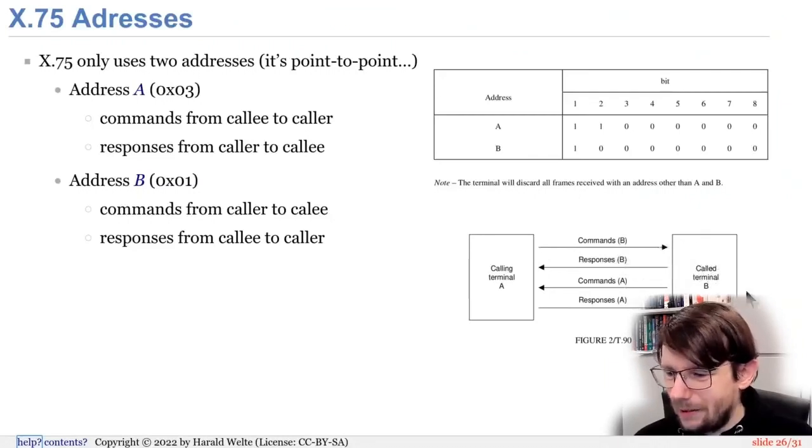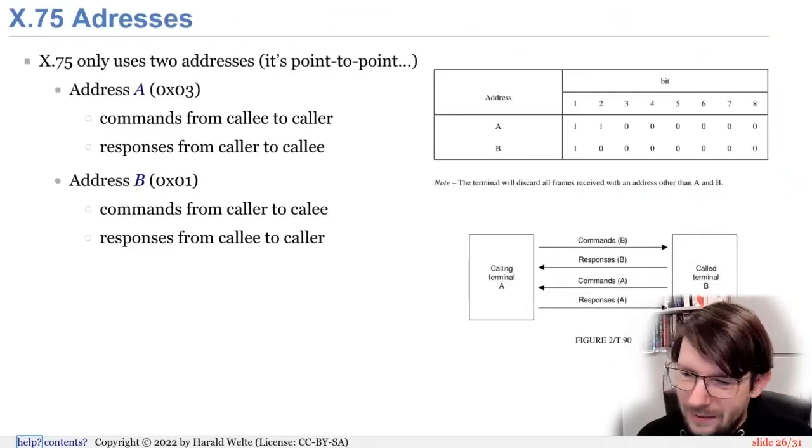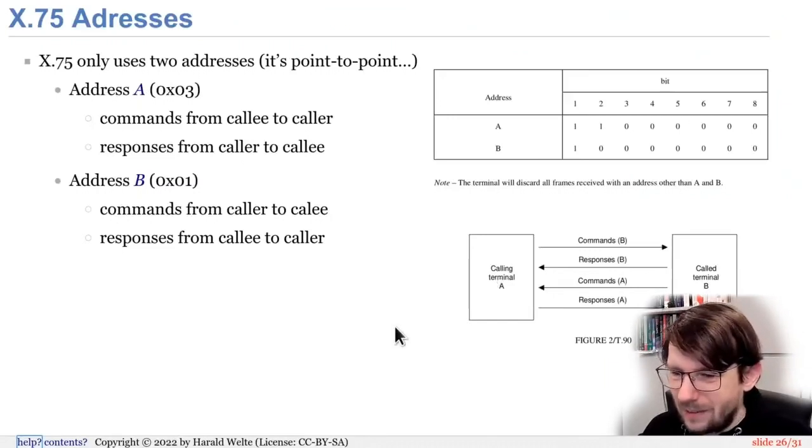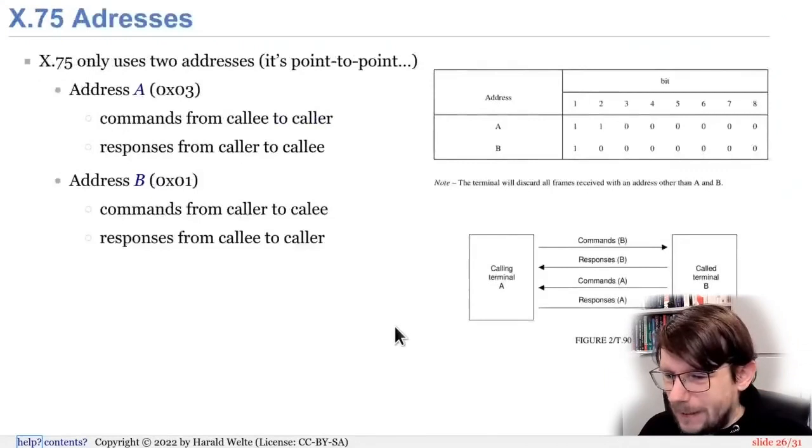On the other hand, if the B side sends a command to the A side, it uses A as the address, and the responses to that use A as an address again. That's all there is to the addresses in those X.75 frames. So that's it for X.75. Note again that it is always using acknowledged mode.